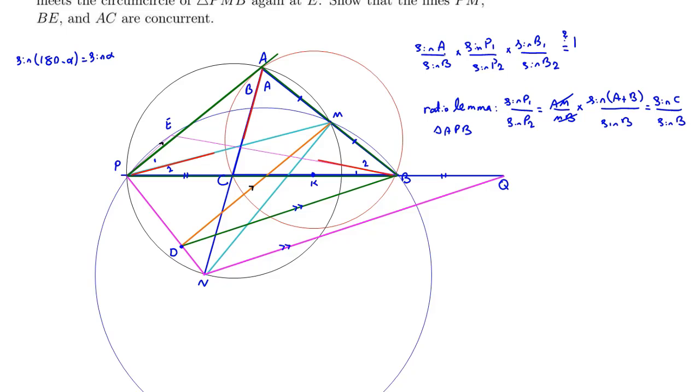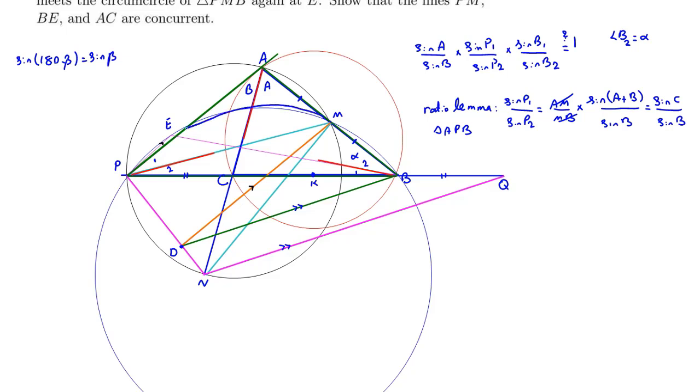So the next step is to calculate sine B1 over sine B2. If we want to find B1 and B2, let's consider angle B2 equal to alpha, but it is not related to the earlier alpha, so let me just call it beta. Here it is alpha in the triangle in the blue circle.